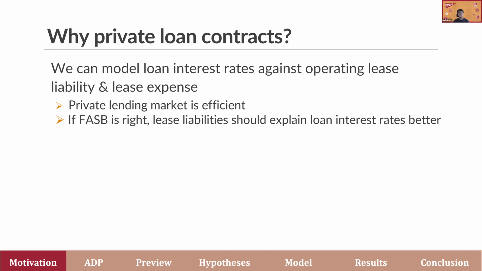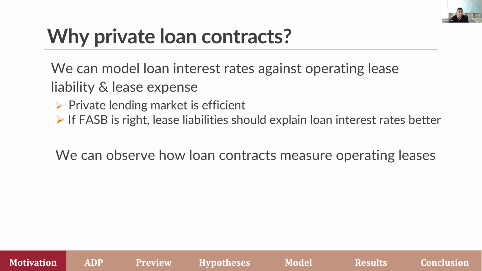So I'm going to get to how loan contracts actually define operating leases. That helps us tease out why lenders seem to prefer lease expense over capitalized operating leases. Yeah. Got it. And speaking of which, that's the second reason why we want to focus on loan contracts, right? We can actually look up all those loan contractual agreements from the SEC aggregate, which is difficult to do for public bonds, let alone equity.